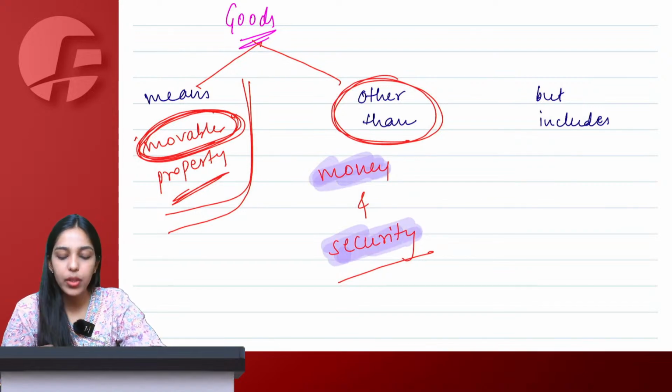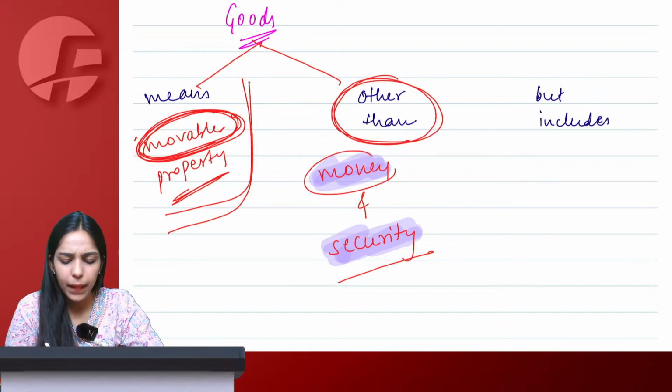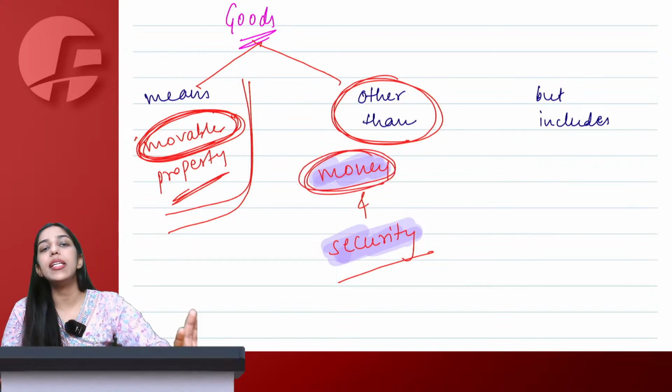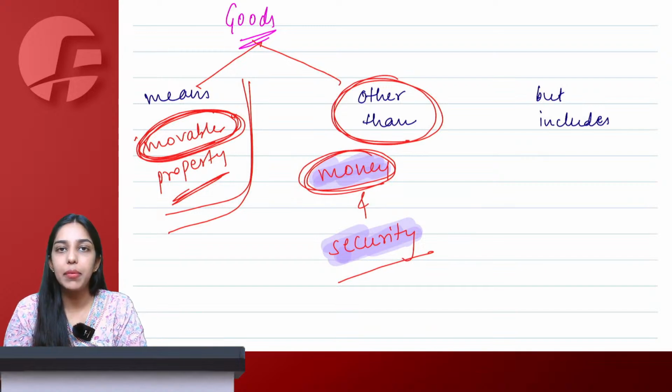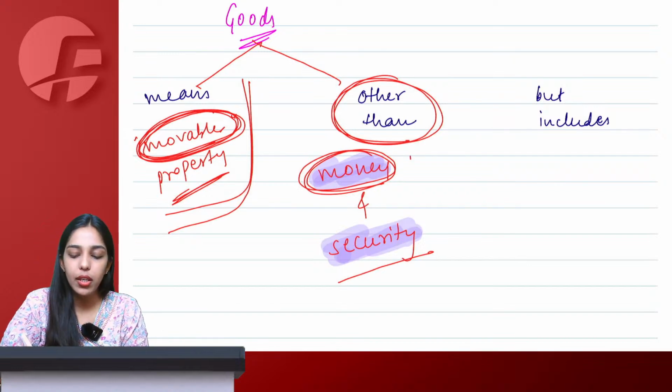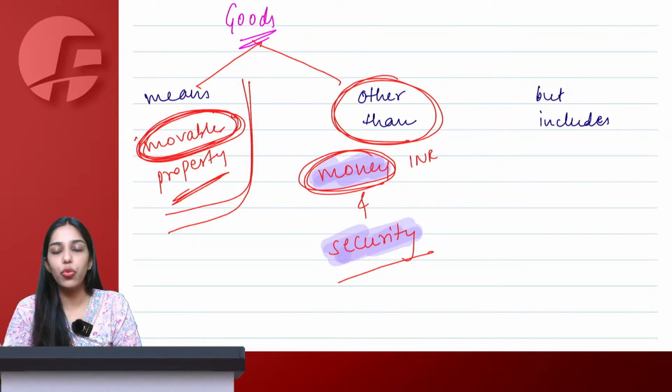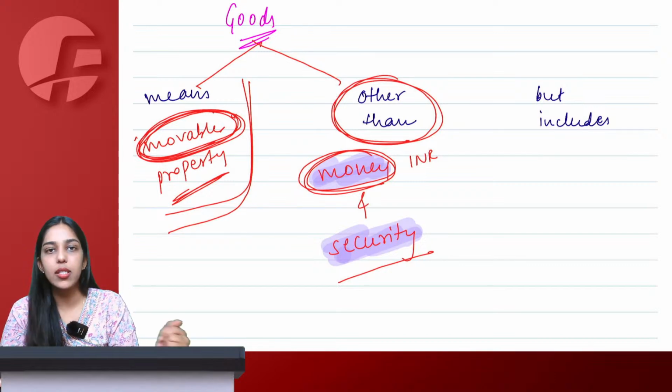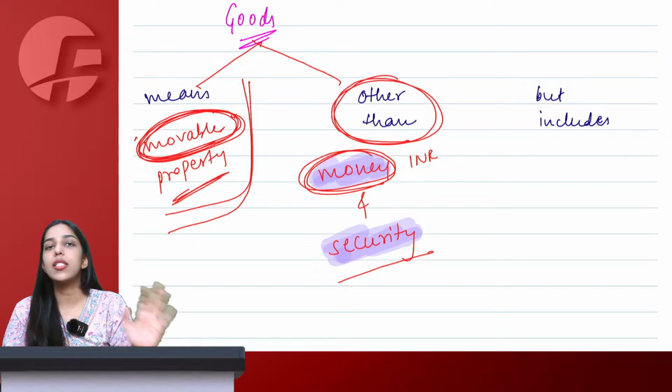What is money and what is security? See, money simply means anything that is recognized by RBI, accepted by RBI as a medium of exchange, as a medium of transaction. So the Indian legal tender, INR, Indian National Rupee, even foreign currencies, promissory notes, cheque, bill of exchange, everything is considered money only.